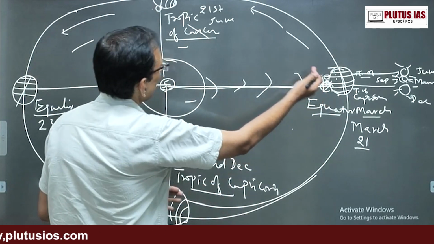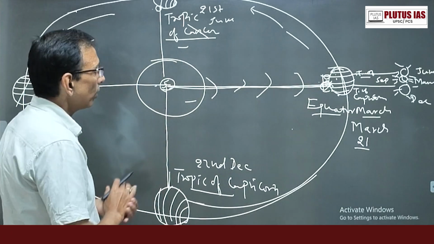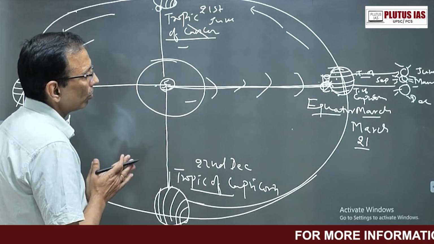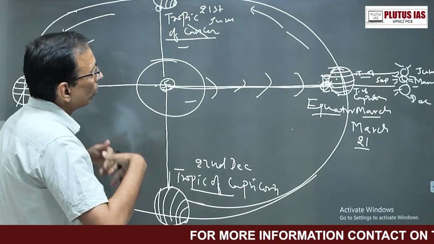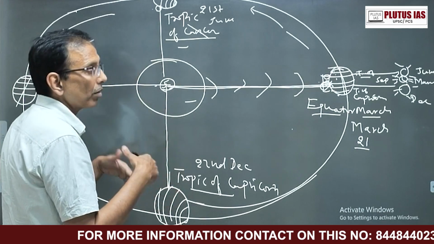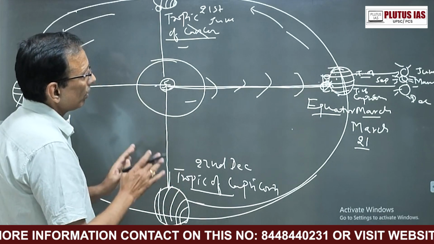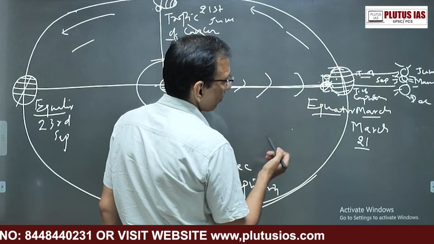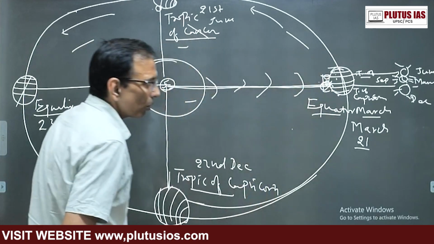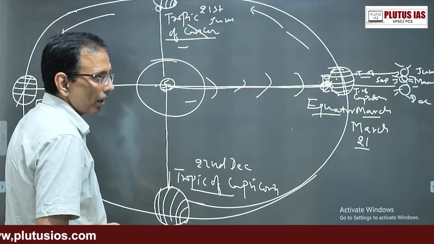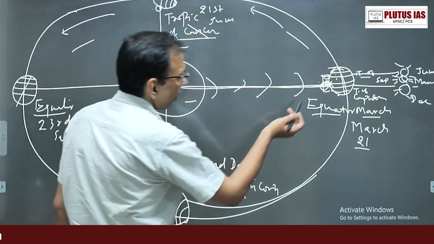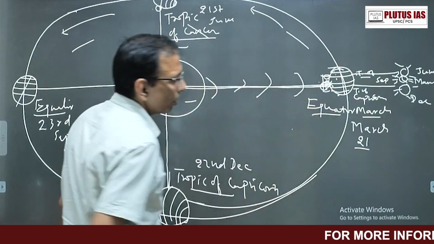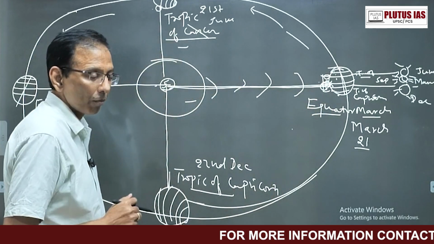Because of that kind of shifting, since today we have to complete only the concept of monsoon, we can't go into detail about the pressure belts of the Earth. But basically you can say that this low pressure region will be shifted to the Tropic of Cancer in the summer season, while this low pressure region will shift to the southern hemisphere in December.